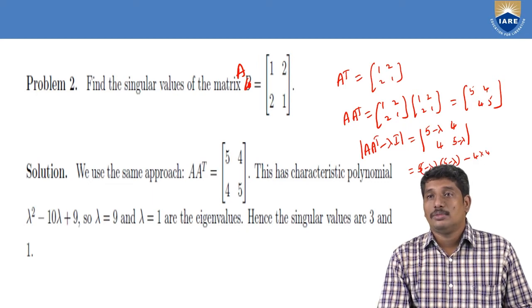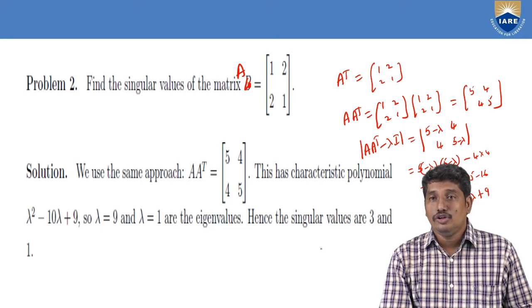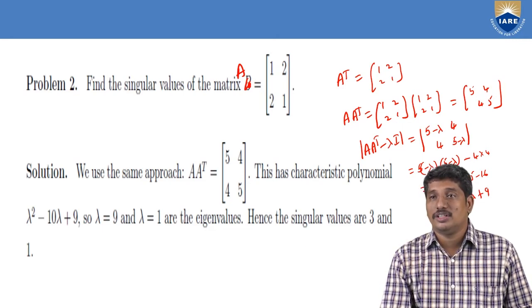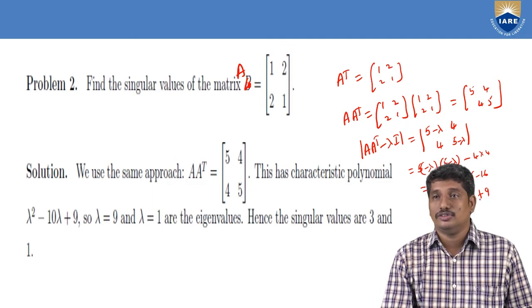That is lambda square minus 10 lambda plus 25 minus 16, lambda square minus 10 lambda plus 9. So we got the characteristic polynomial as lambda square minus 10 lambda plus 9 is equal to 0.